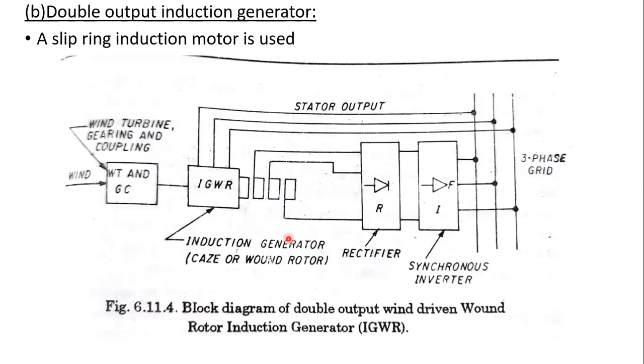The rotor power output at the slip frequency is converted to line frequency power by rectification and inversion. Output power is obtained from both the stator and the rotor, so we call this device a double output induction generator.